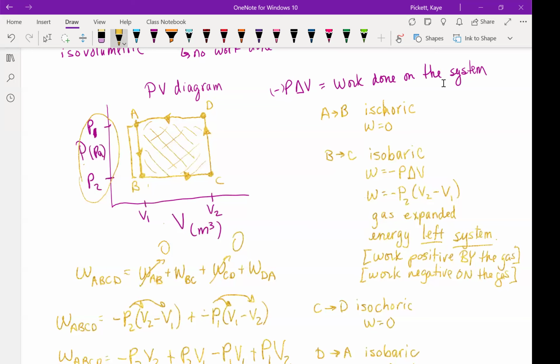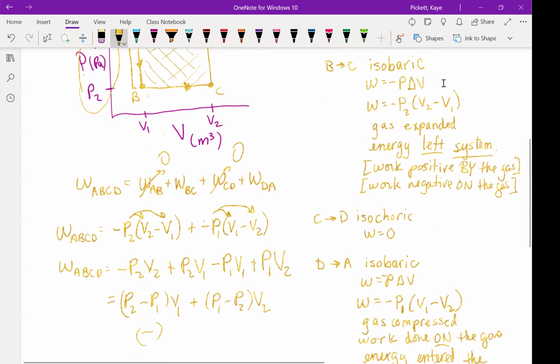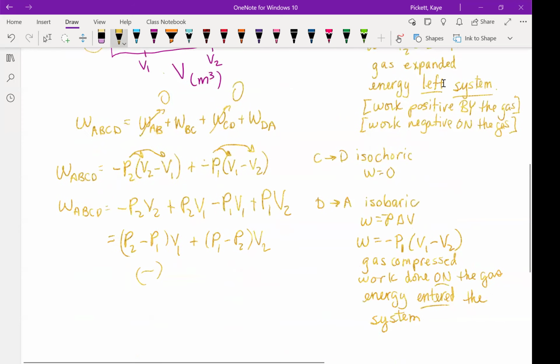If you're looking at the quotient, like distance divided by time for velocity, you're finding the slope. Calculus peeps, this is the integral, the slope is the derivative. That's what we're doing. So I know that the work from A, B, C, D is the area of the box.